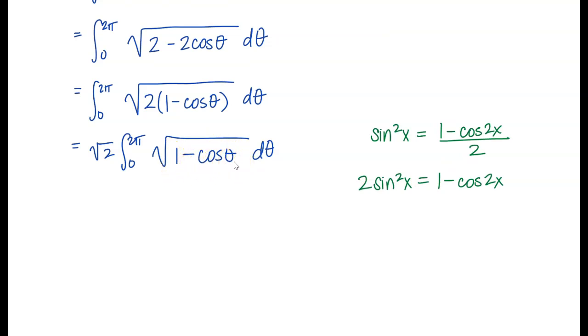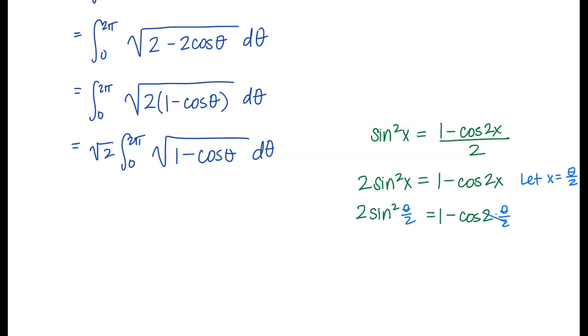So what we're going to do is a little bit of a substitution. So we're going to let this x be theta over 2. So right here, I'm going to make a substitution. Let's let x be theta over 2. If this is truly an equation, I should be able to substitute x into both sides of the equation, and it will still hold true. So let's replace x with theta over 2. So we're going to have 2 sine squared of theta over 2 is equal to 1 minus cosine of 2 times theta over 2.